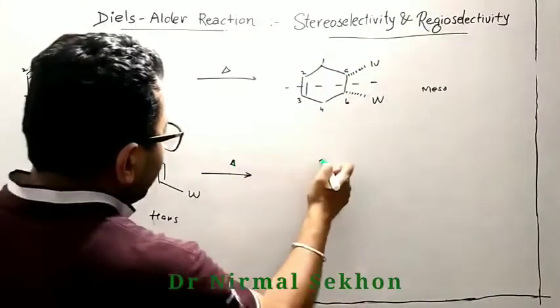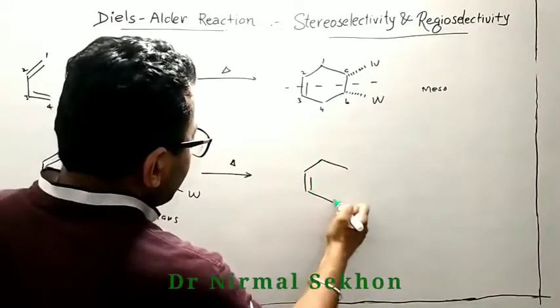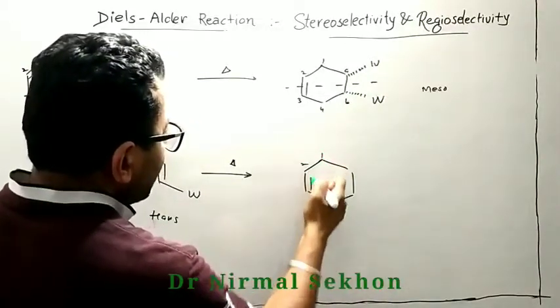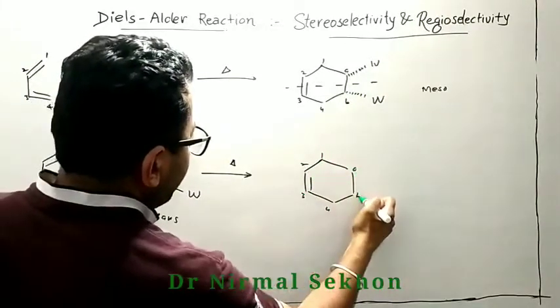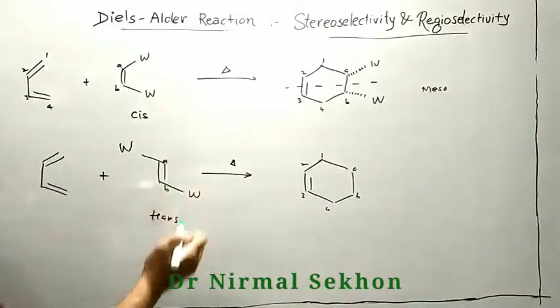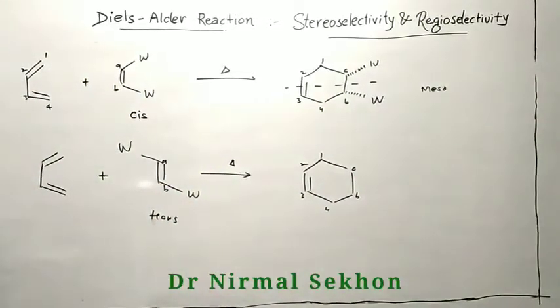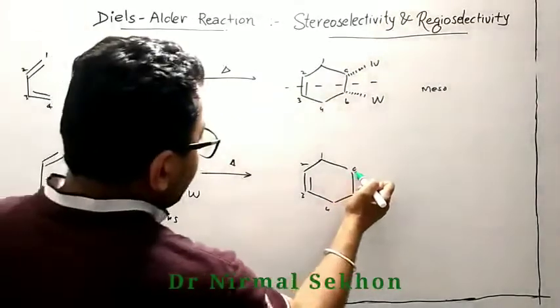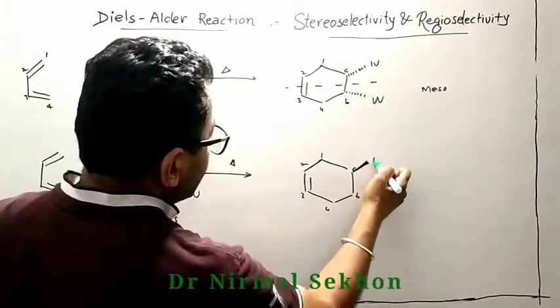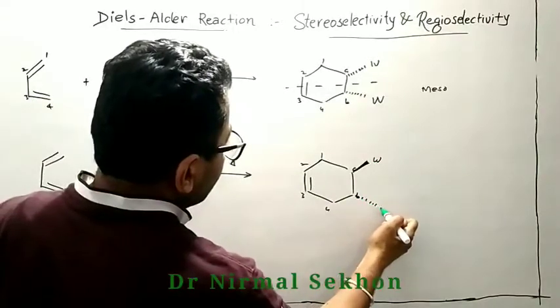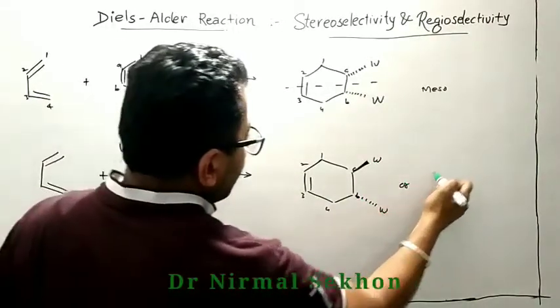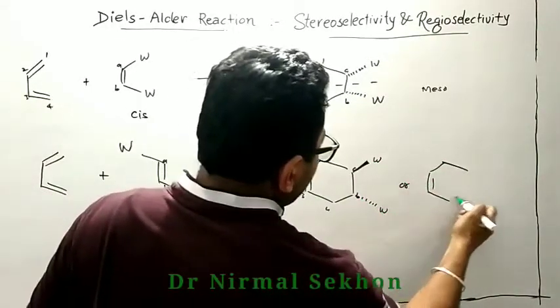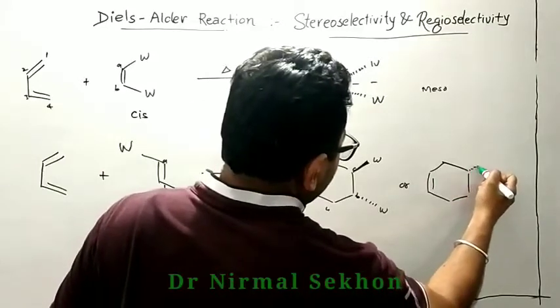When you heat it, you will have a 6 membered ring like this. So this is 1, 2, 3, 4, A, B. So now at A and B, both the W are at opposite ends. Okay, so you can write it above the plane, below the plane means W. Or one more thing. Okay, this is the second. You can write here W.